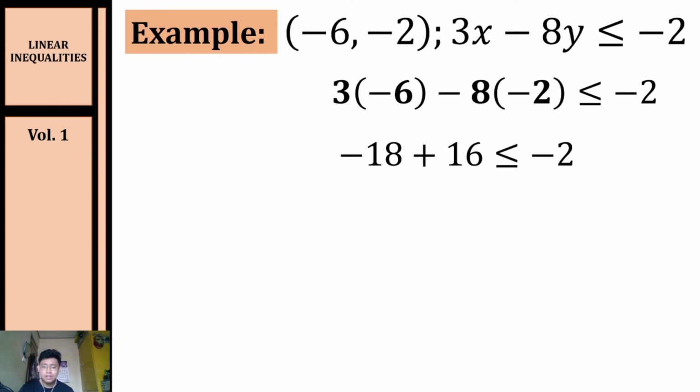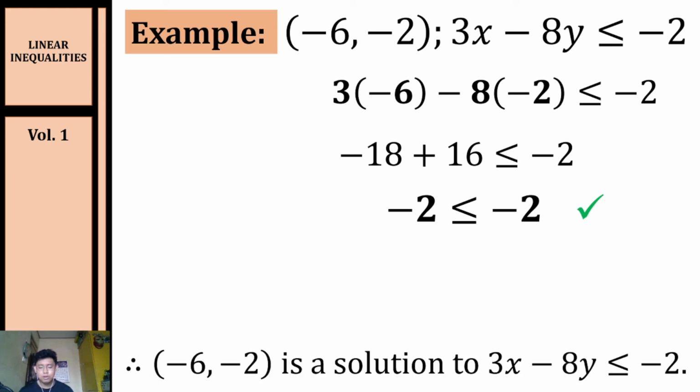We will have -18 plus 16 less than or equal to -2. Let's combine like terms. We will have -2 less than or equal to -2. Did our coordinate satisfy our inequality? Yes, -2 is still less than or equal to -2. And we can now conclude that (-6, -2) is a solution to the inequality 3x minus 8y is less than or equal to -2.